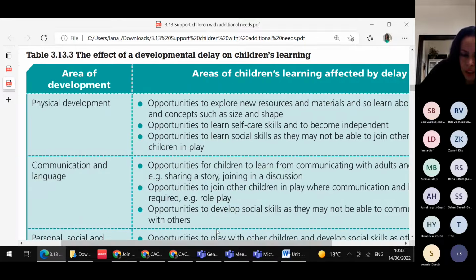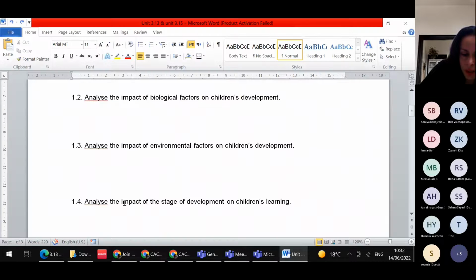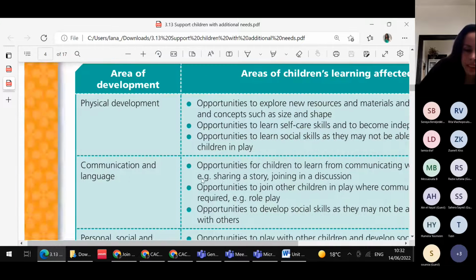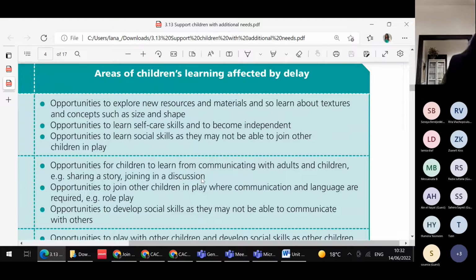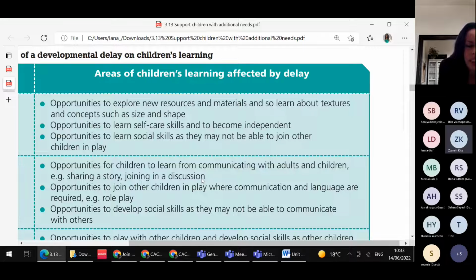So the question, where is it? For 1.4, it says analyze the impact of the stage of development on the child learning. So let's go here. First of all, physical development. If the child has got delay in their physical development, how would this affect him or her? First of all, they would have fewer opportunities for self-care, as we said. Why? Because this child will be dependent.